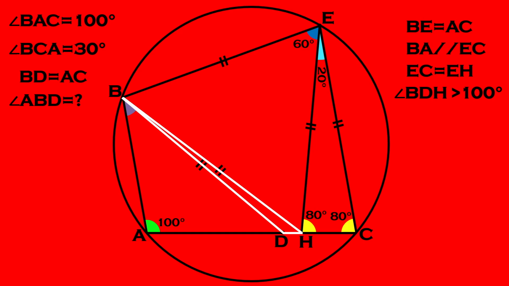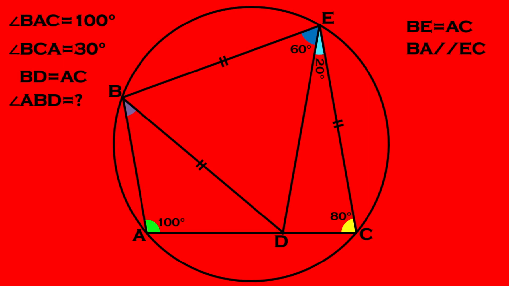And if we sum up the two base angles, they will be greater than 200 degrees, which is impossible. Therefore, point H cannot be lying on the interior of DC. So, the only thing that remains is that point H coincides with point D, and that must be the case.